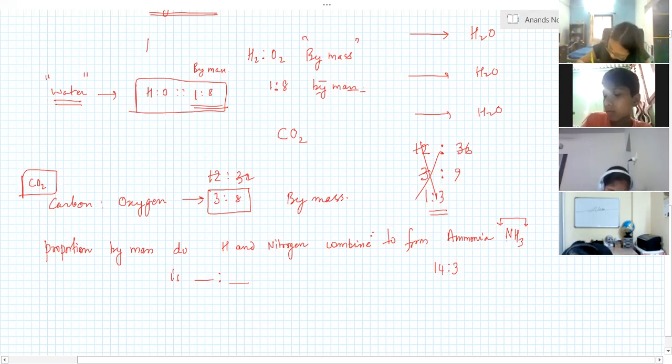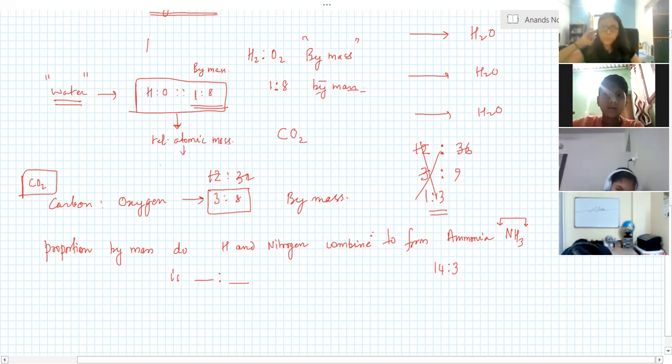Okay. In fact, the reverse of what we are doing is what they actually found out. Because they found out hydrogen and oxygen is 1:8. I'll mention this to you in a bit. But it is from this we know the secret of a relative atomic mass, and from there we know a bit about atomicity, and then we are able to come out with molecular formula.